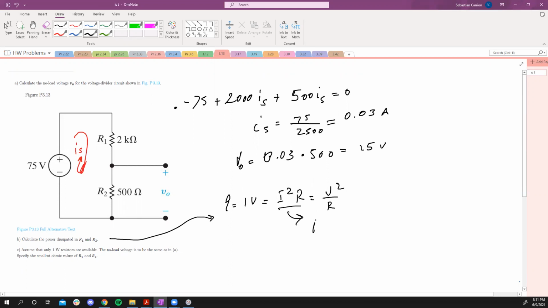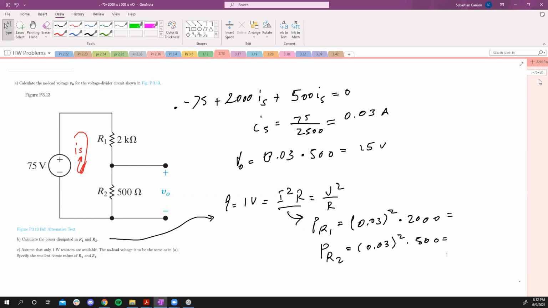You can just go straight ahead and say the power for the first resistance would be 0.03 squared times 2000, and then the power dissipated across the second resistor would be the same current times 500. 0.03 squared times 2000 is 1.8 watts, sorry.